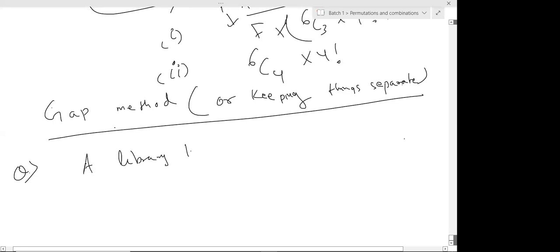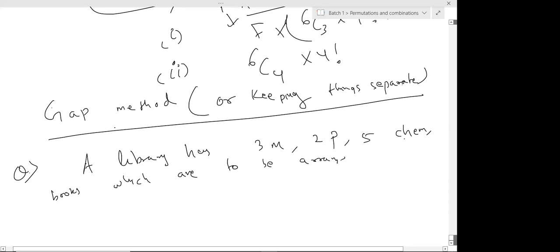A library has 3 mathematics, 2 physics, and 5 chemistry books, which are to be arranged on a shelf. In how many ways can you do this?